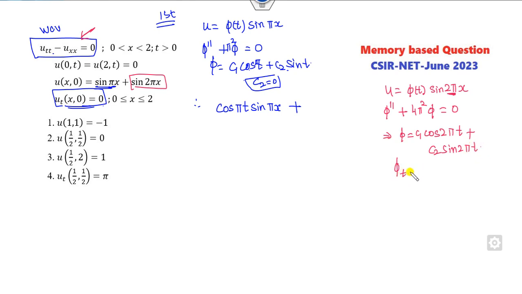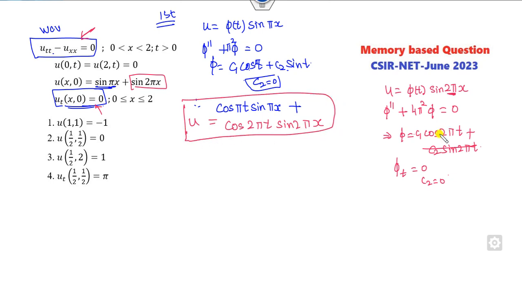If you take the partial derivative as 0 for this condition, c2 will be 0. So this solution will be cos 2 pi t sine of 2 pi x, the complete solution of this problem, irrespective of c1 and c2. By this technique there is no need to think about c1.